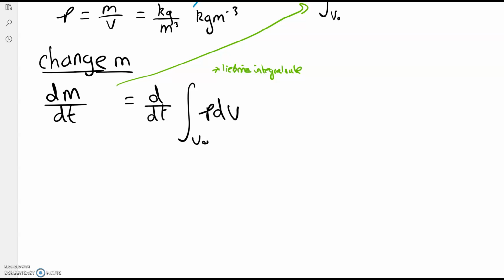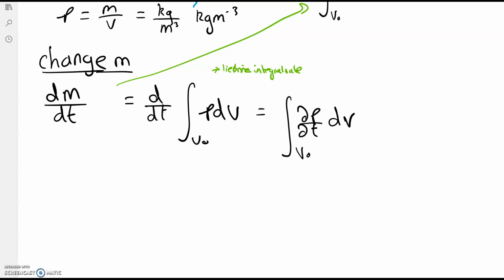So this becomes the integral over V0 of the partial derivative of rho with respect to time, with respect to dV. So that's our first representation of the change in mass.